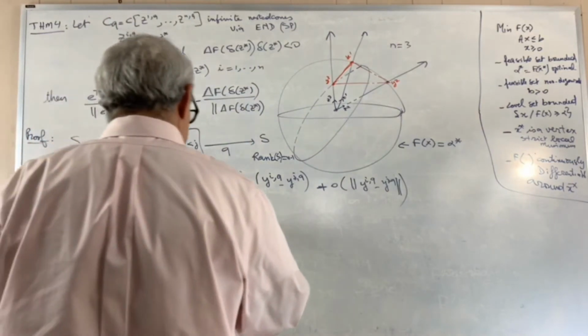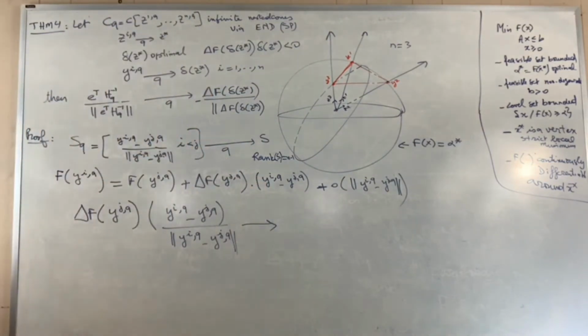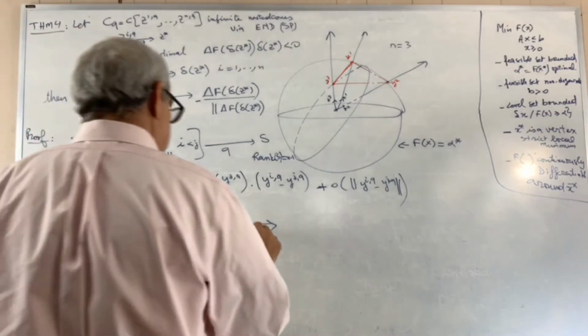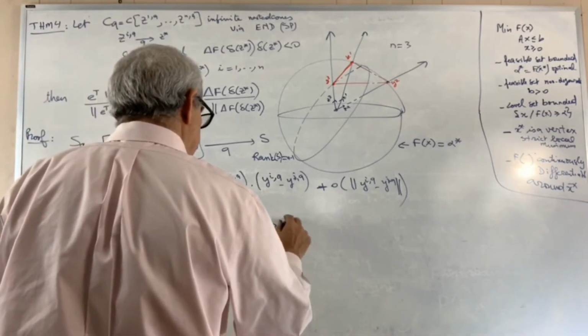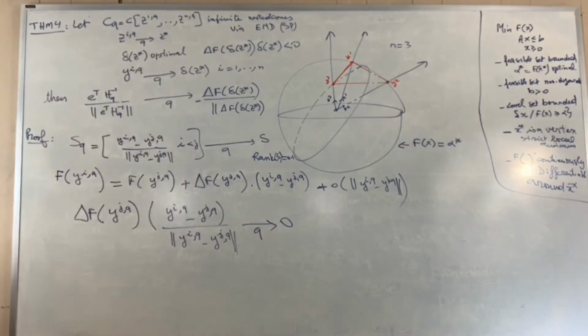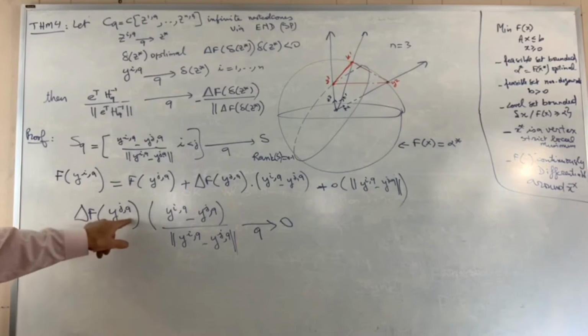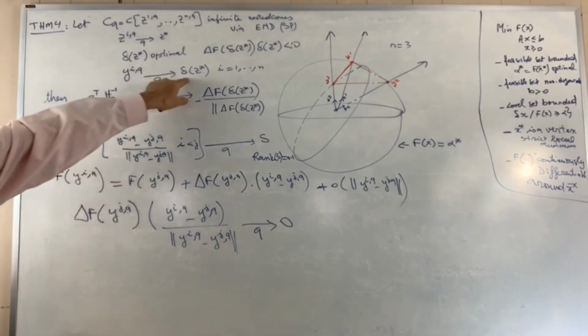So this thing here converges to 0. Therefore, remember y_jq converges to z star.